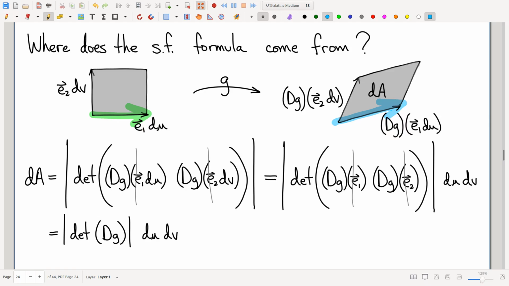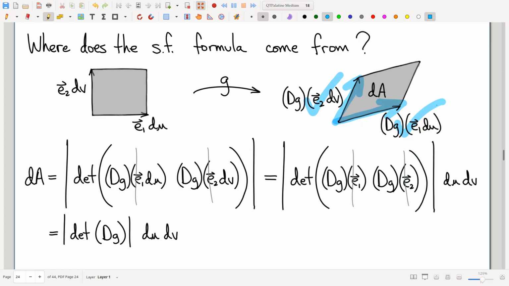And what relates input changes and output changes? Well, the thing that relates input changes and output changes is the derivative matrix. The derivative matrix is what you multiply by input changes to get output changes. So that tells us that the edges of our parallelogram have these formulas right here.